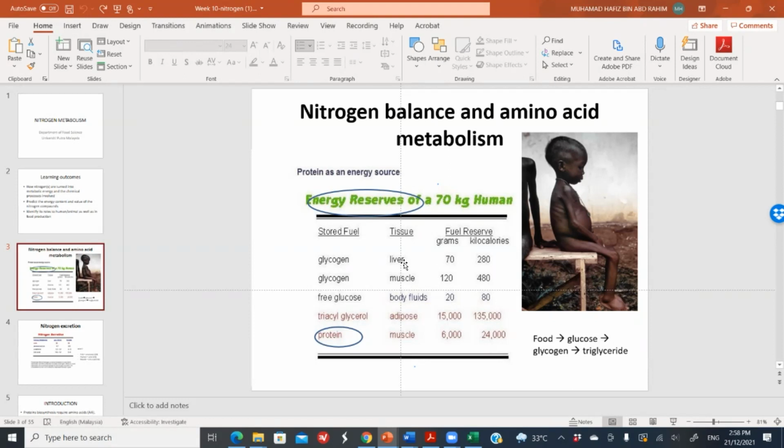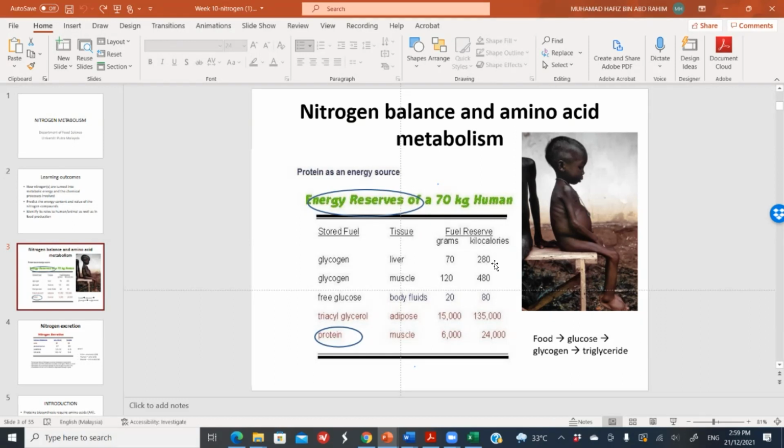Okay, so glycogen yang ada dalam muscle ni is for its own usage, but the glycogen that is in liver is for other usage, especially to stabilize the glucose in the blood. So liver ni kira unselfish lah, dia tolong stabilize yang lain. Tapi muscle ni selfish, dia guna untuk diri sendiri sahaja.